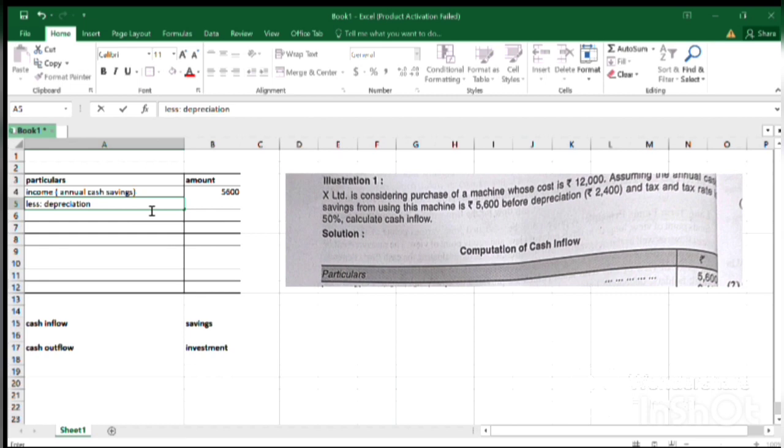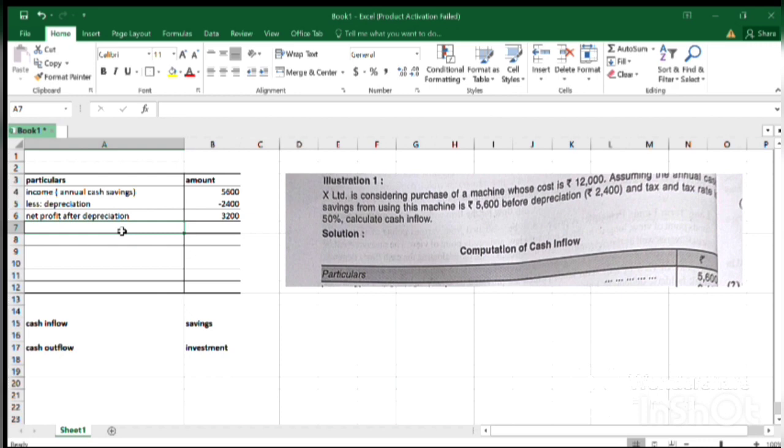So the first step is we will deduct 2,400 from here and then we will get our net profit after depreciation. We will see what amount it is coming. So 5,600 minus 2,400, which is nothing but 3,200 rupees.